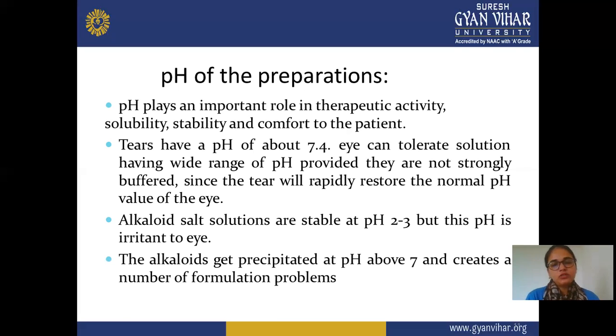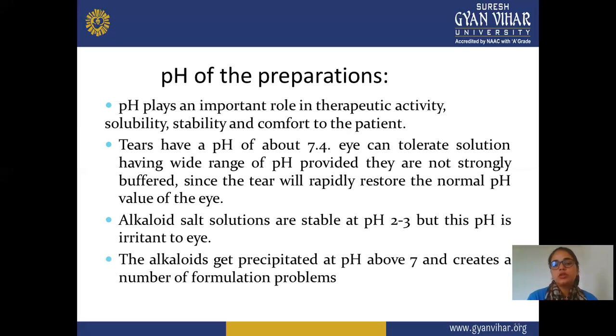Next, alkaloid salt solutions are stable at pH 2 to 3, but this pH is irritating to the eye. Suppose you require an alkaloid salt solution for your eye, then in this condition, the pH of this formulation is only 2 to 3 because it's stable only at this pH. Otherwise, it shows some irritation. But your eye's pH is normally 7.4. So in this condition, it shows some irritation problem or compatibility problem with your eye.